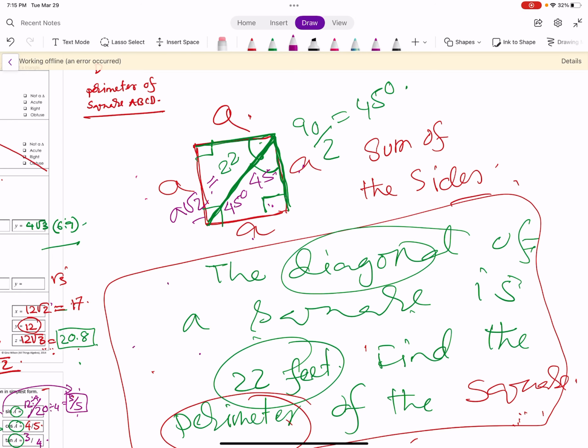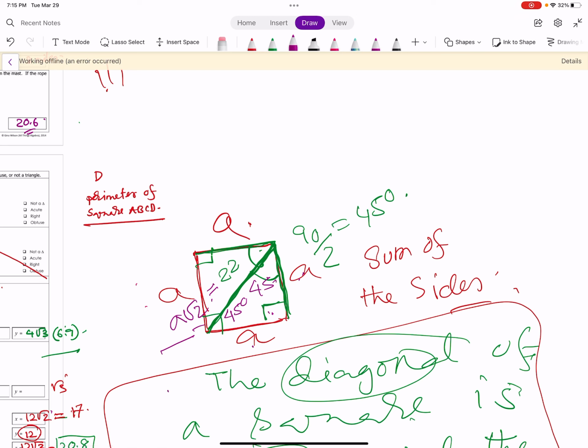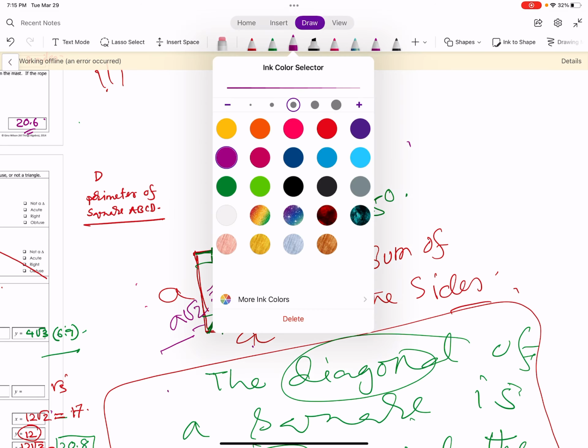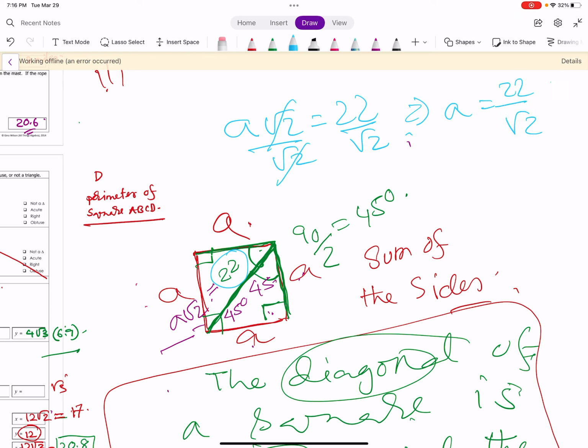So now you have a nice equation: A radical 2 equals 22. So you have A equals 22 over radical 2. Put it in the calculator.